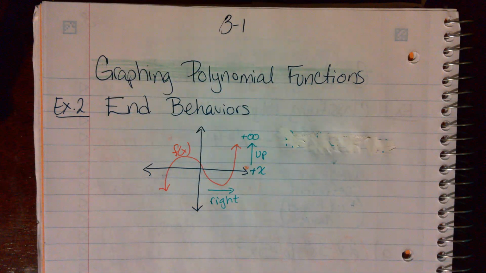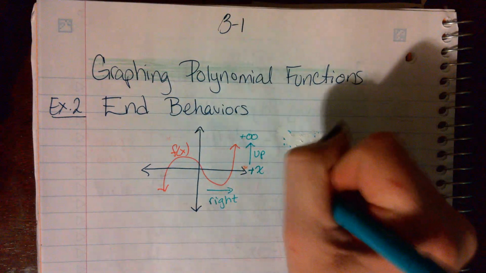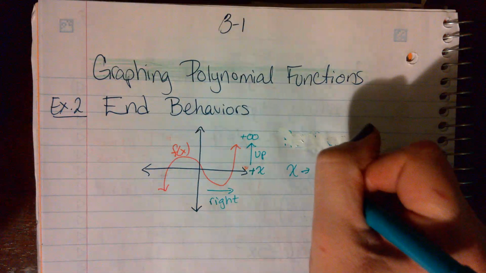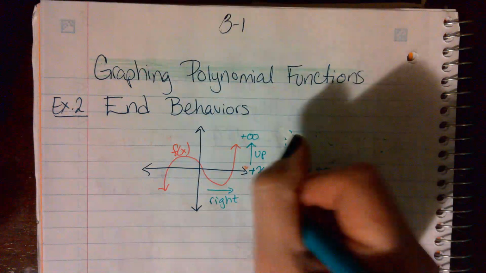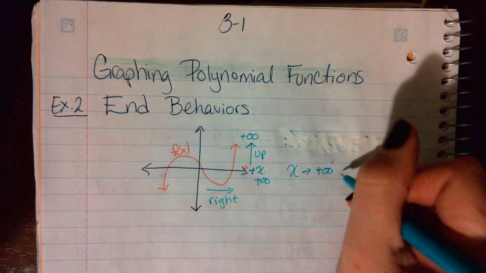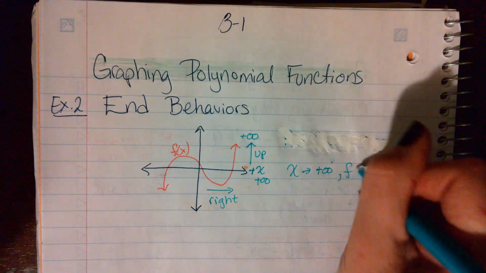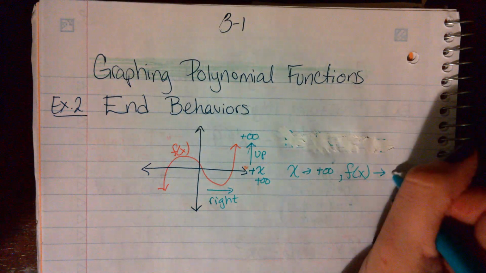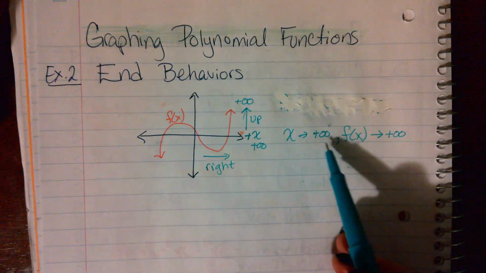So we can say as x approaches positive infinity, because that's positive, right? Positive infinity, f of x, the function approaches positive infinity, meaning it goes up. As I go right, the graph goes up.